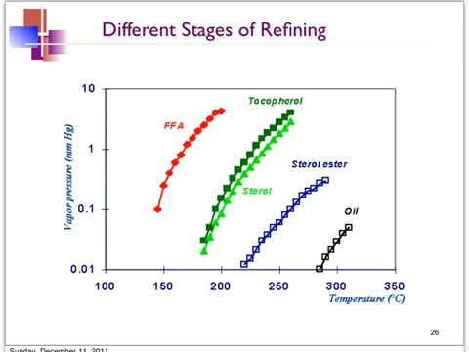For the oil, it requires high temperature to make it volatile, whereas free fatty acid, which are the smaller compounds, are more volatile even at lower temperature. So the different degree of volatility at different temperature enables these different components to be separated from the oil.